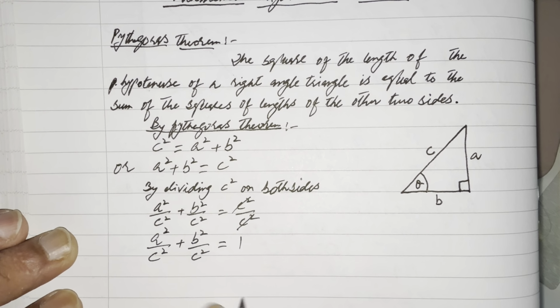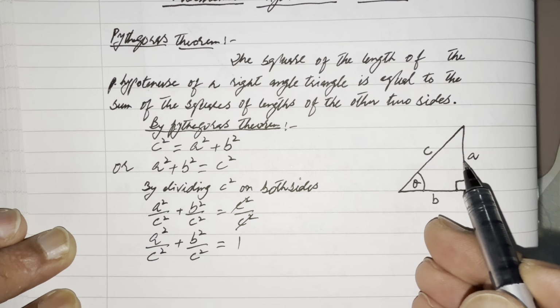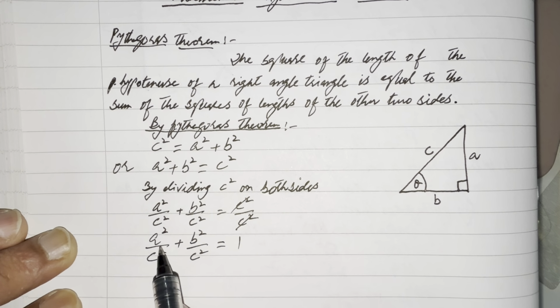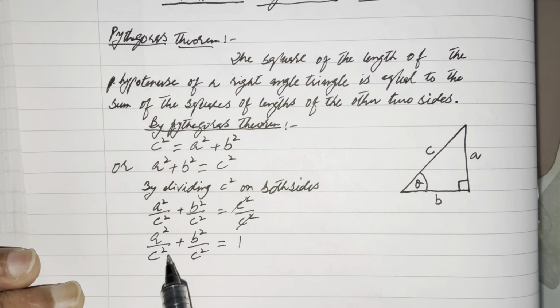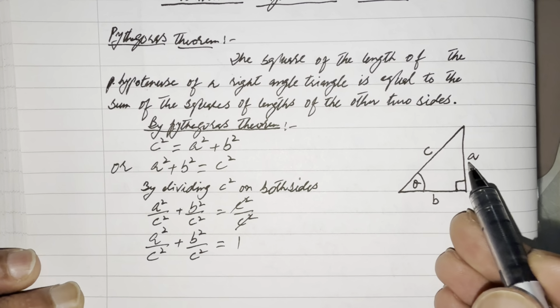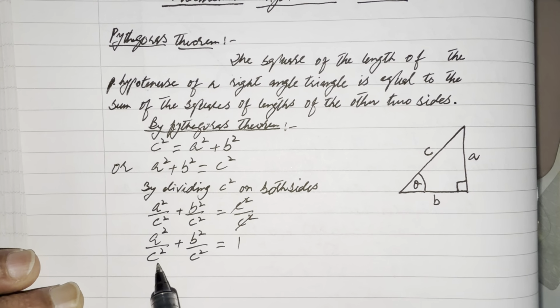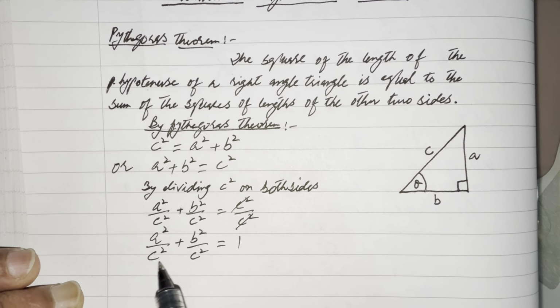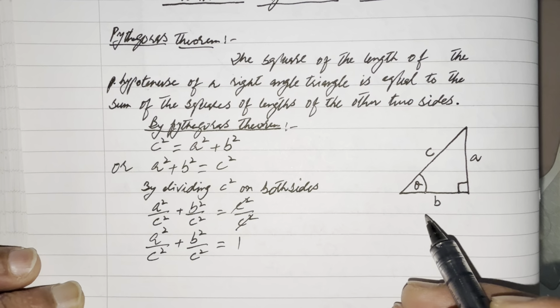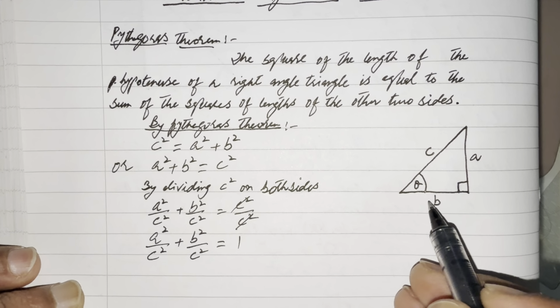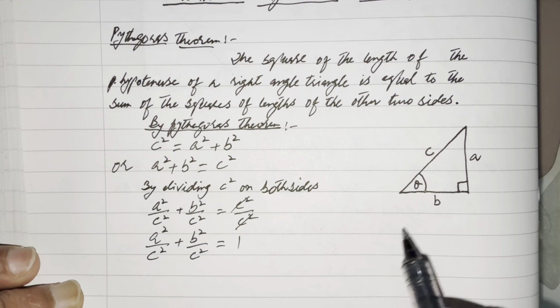Now with the help of this right angle triangle, we are going to find the trigonometric identities. A square represents the opposite side, C square is the hypotenuse, and b represents the base.